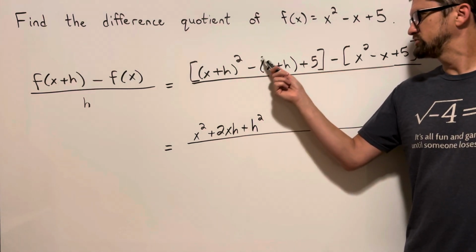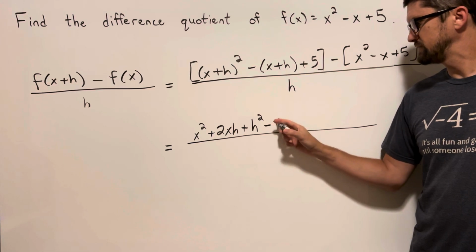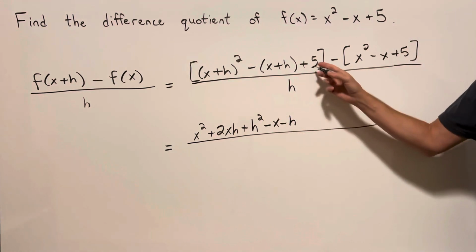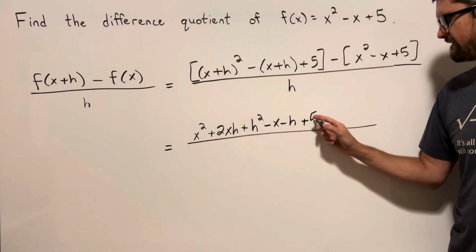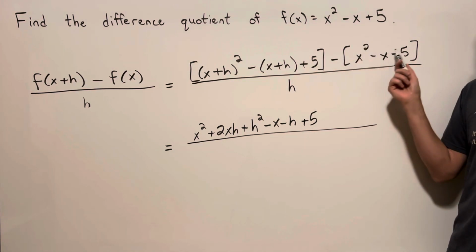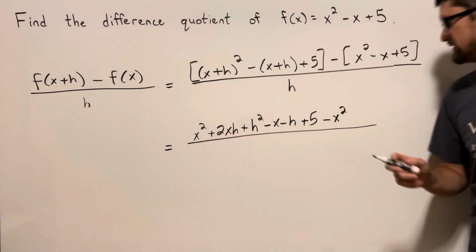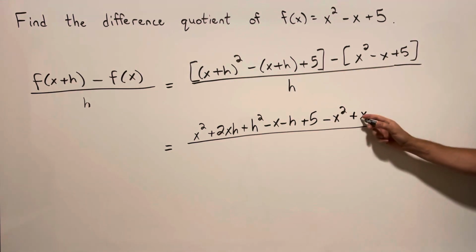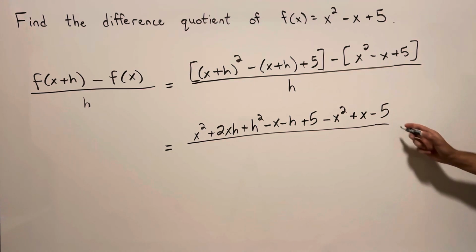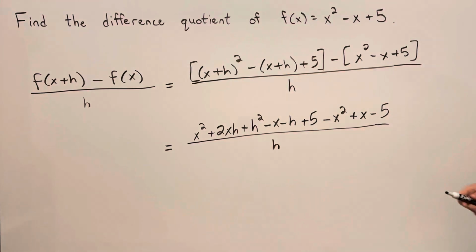This one you're going to distribute, so you're going to have a minus x minus h, and you have this plus 5. Then you're going to distribute this right here. Have a minus x squared, double negative, which would be a plus x, and then a minus 5. And still lowercase h on the bottom.